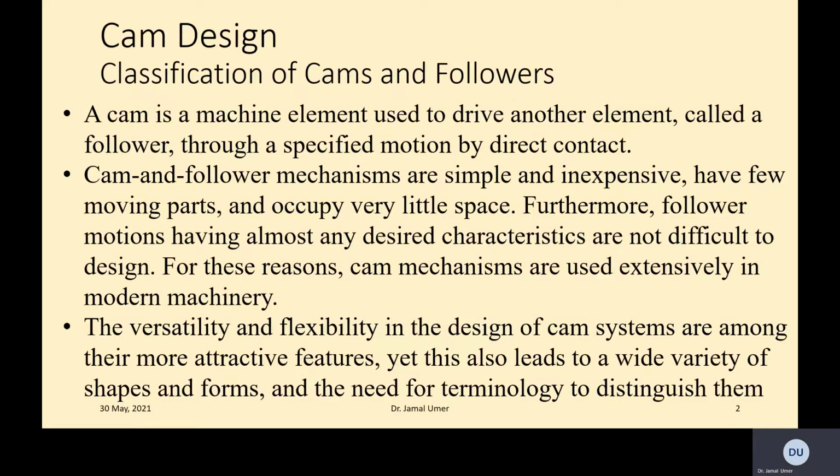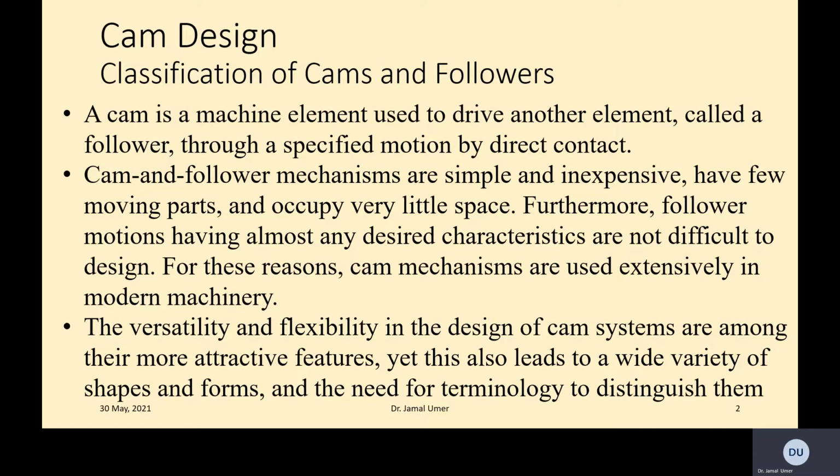So from now onward, we are going to analyze some of the important components, and we will do the mechanism analysis on those. The very first one is about CAM.